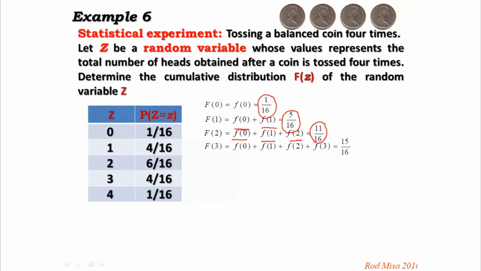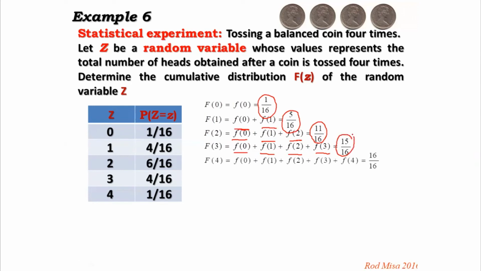But the big F of 3 is the sum of the individual probabilities when the random variable is 3, added to the random variable 2, added to the probability of the random variable 1, plus the probability of the random variable 0. So adding these 4 individual probabilities, we obtain 15 over 16.